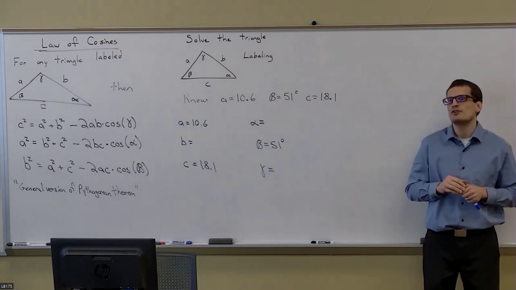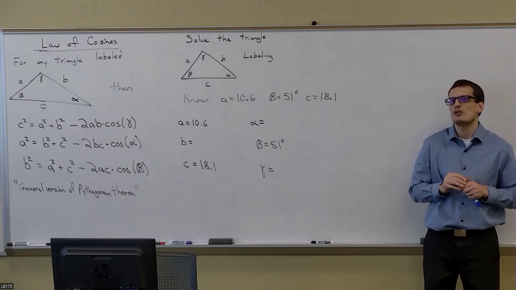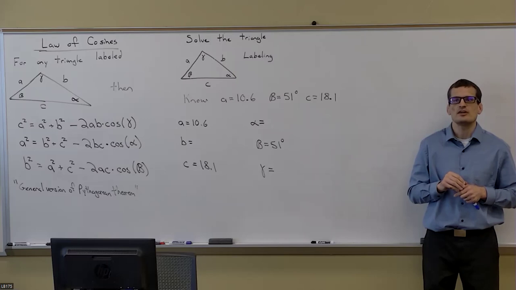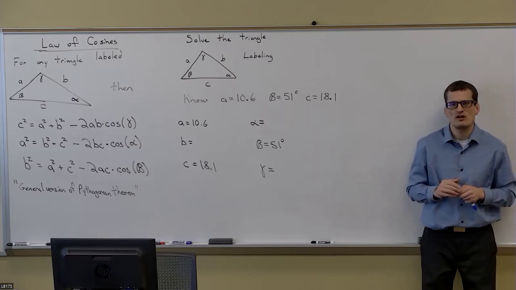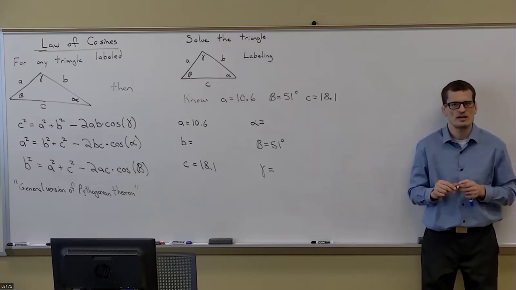So what I need to do is look to my law of cosines and see which one I can use. Anybody see which law of cosines I can use right now and why? Maybe the B squared equals A squared plus C squared.